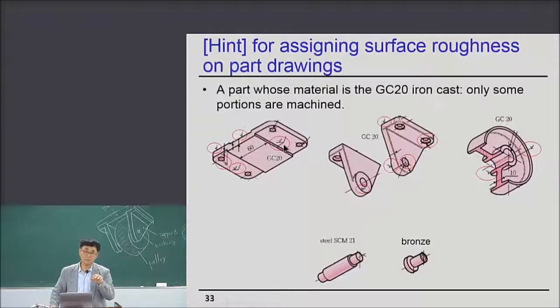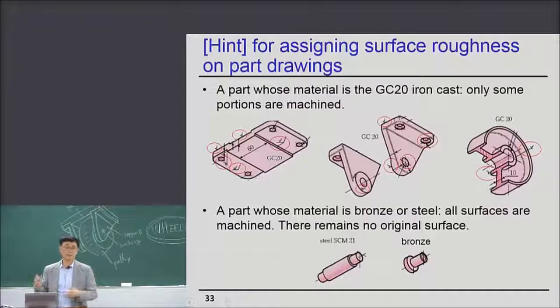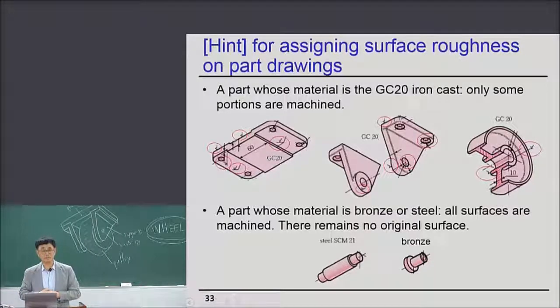And for the upper part whose material is bronze or steel, all surfaces are machined. There remains no original surface. In this case, I explained to you the way of giving surface roughness. So please remember that and try to make a perfect part drawing, please.